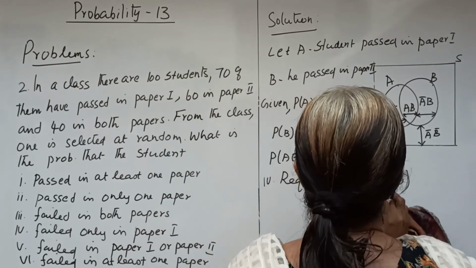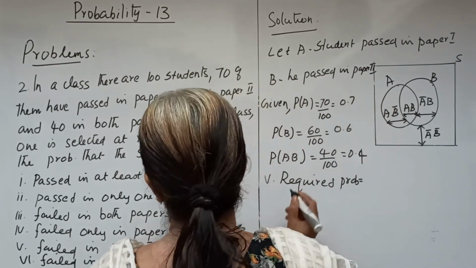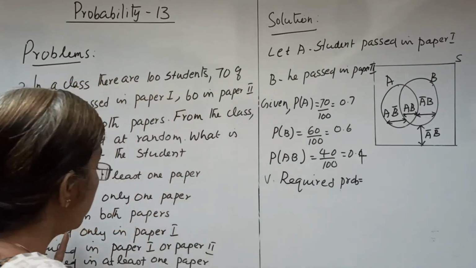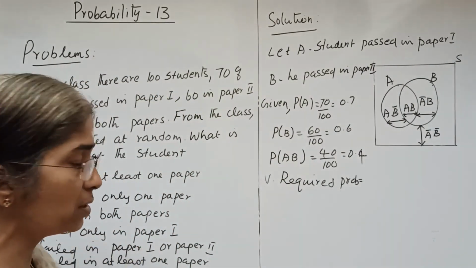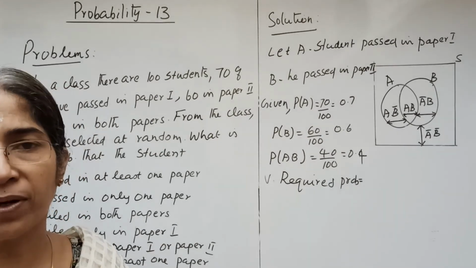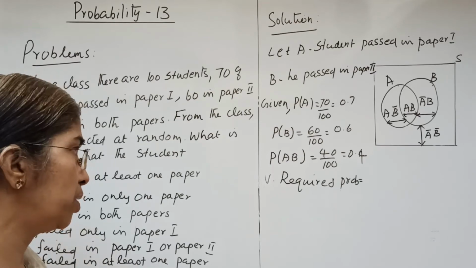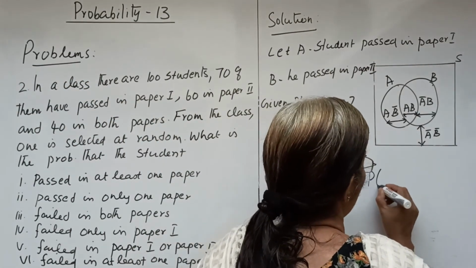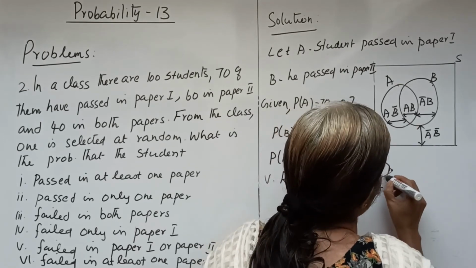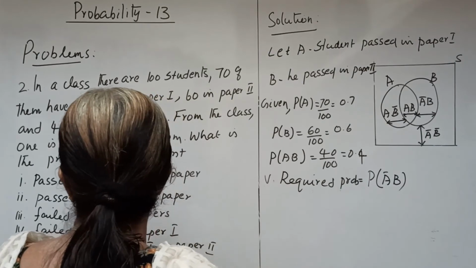Now the next case is part 5. What is part 5? Part 5 is failed in paper 1 or paper 2. Let us examine this event. Failed in paper 1 means he failed in 1 but passed in paper 2, so it becomes A bar intersection B, isn't it?